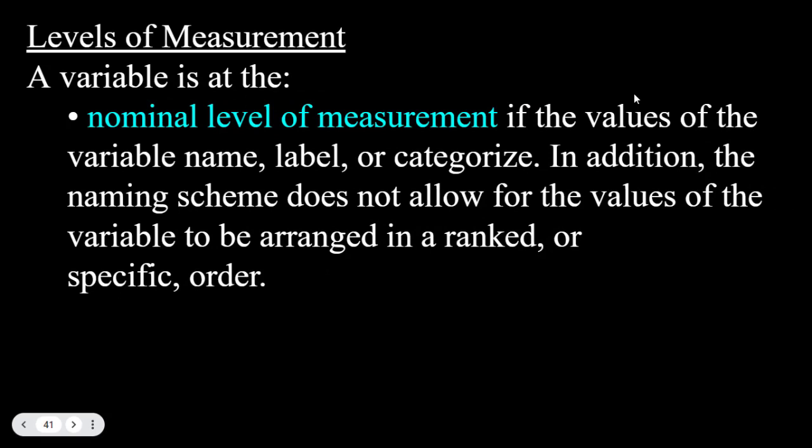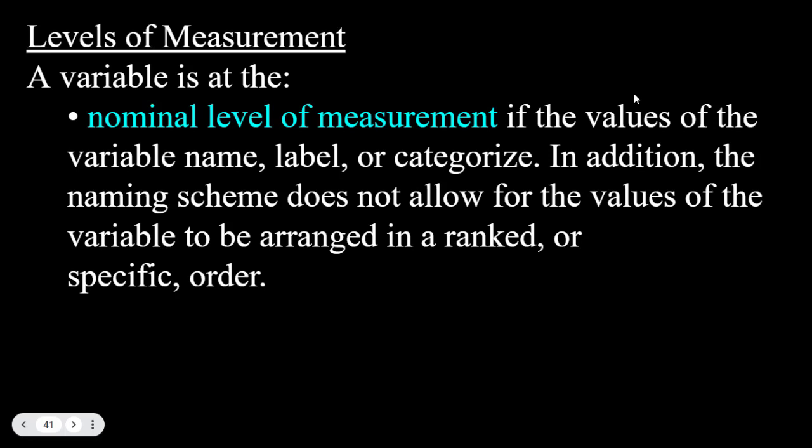Now, having talked about the accuracy of our answers, we want to talk about different levels of measurement. When we talk about variables, these variables are going to be at different levels of measurement based on what we know. The first type is that a variable is at the nominal level of measurement if the values of the variable name, label, or categorize that variable.